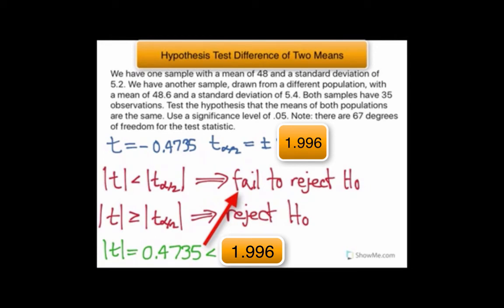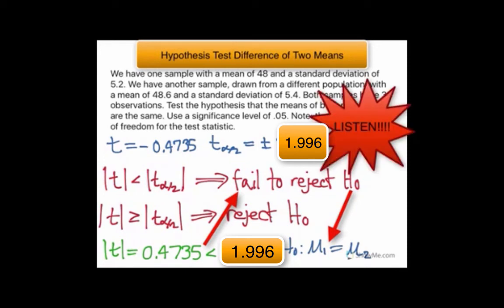And remember, the null hypothesis was that these two means are the same, or that their difference is 0. So the fact that we failed to reject the null hypothesis means that we did not find statistically significant evidence to disprove this null hypothesis. So we would conclude that the two population means are similar or the same.